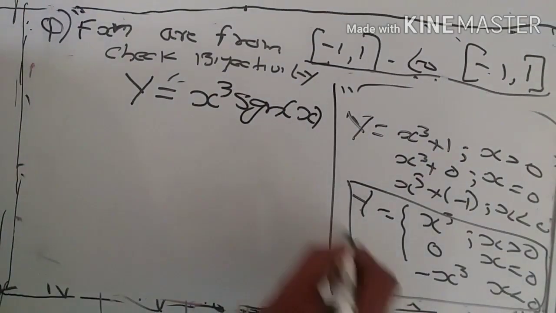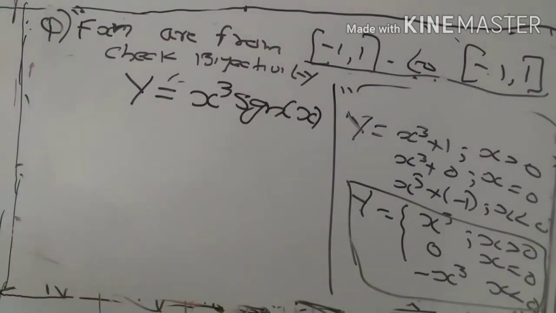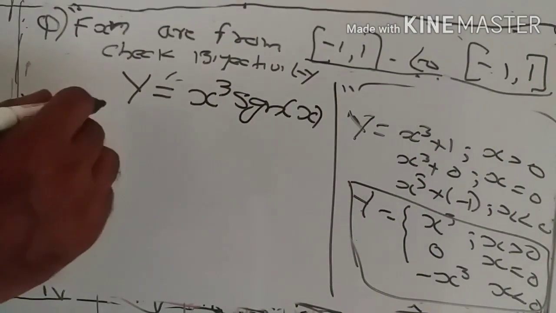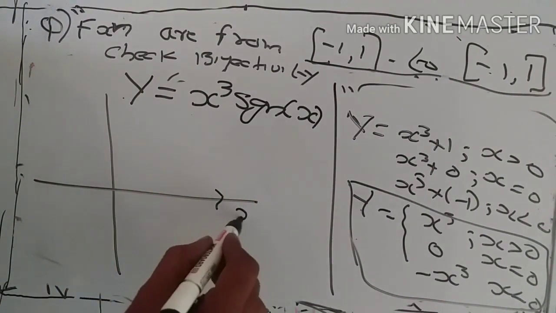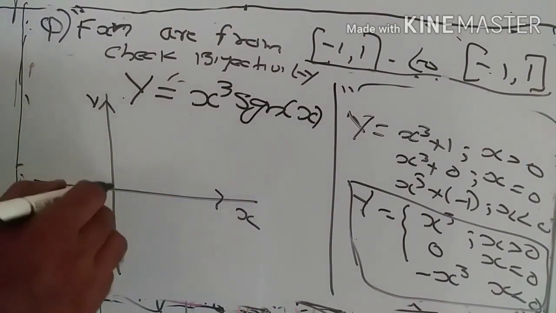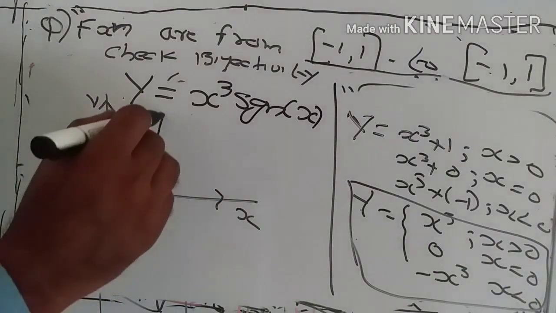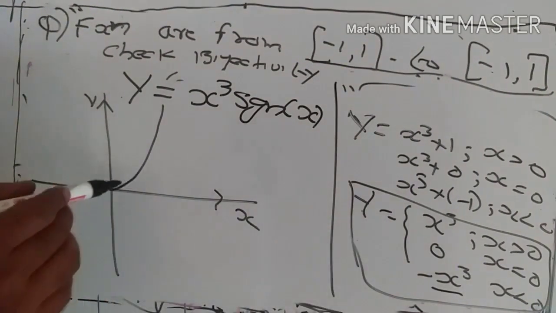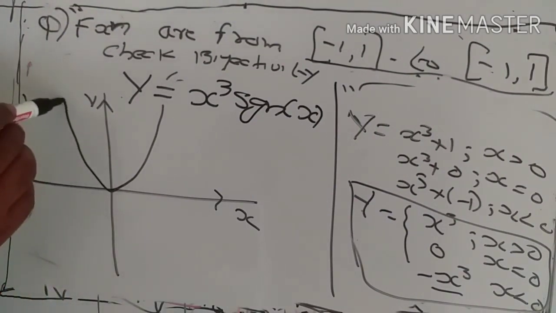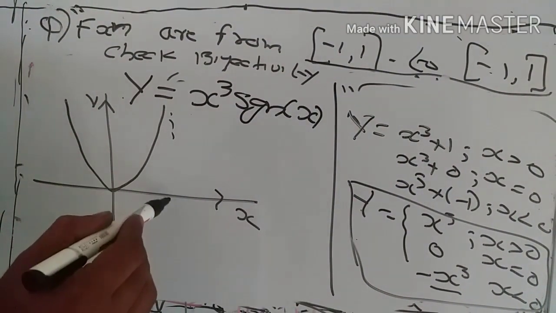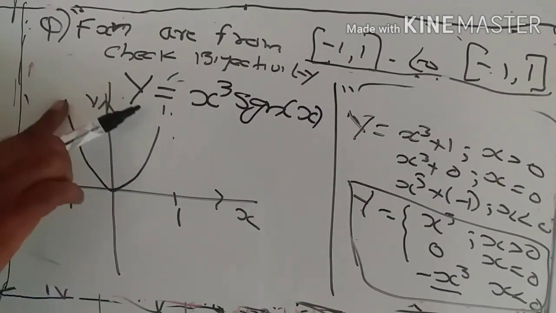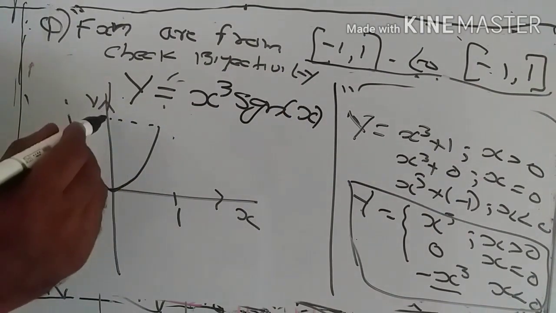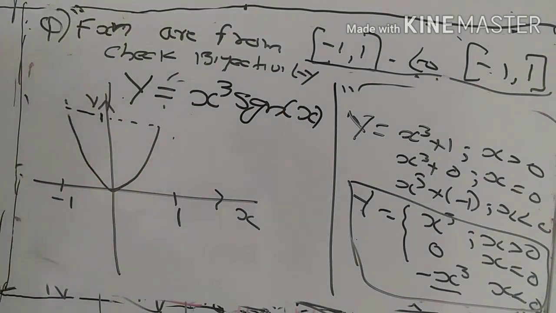Now draw the graph. For x greater than 0 this is x cube, and for x less than 0 it is minus x cube. This is from 1 to minus 1.